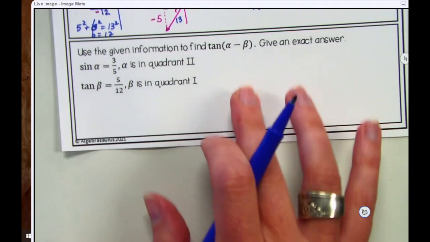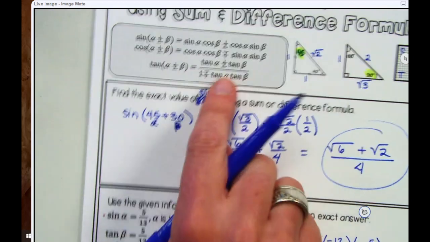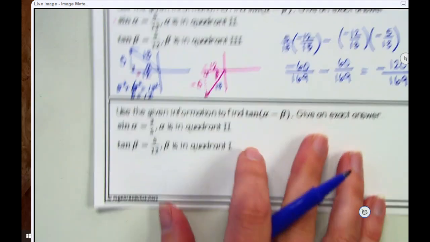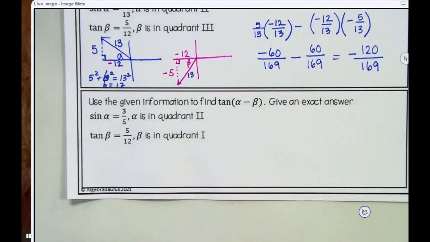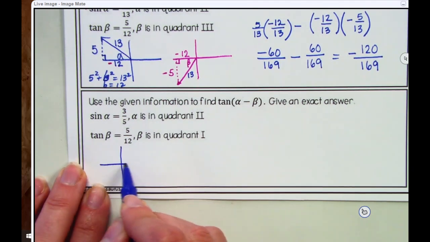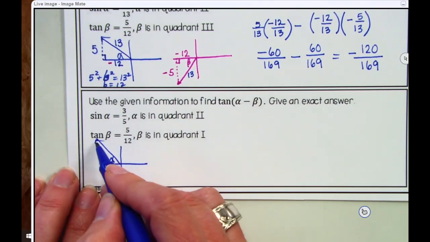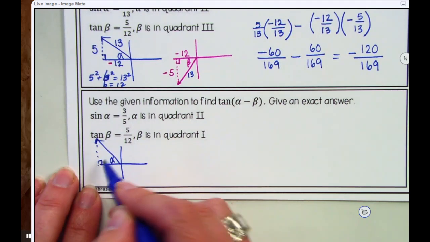This one is tangent, so we'll be using that bigger formula, it feels like, for sure. All right, we've got to do the same thing. We've got to figure out our triangles. So alpha is in quadrant 2. 1, 2. Here is alpha. Drop and give yourself your 90-degree triangle.